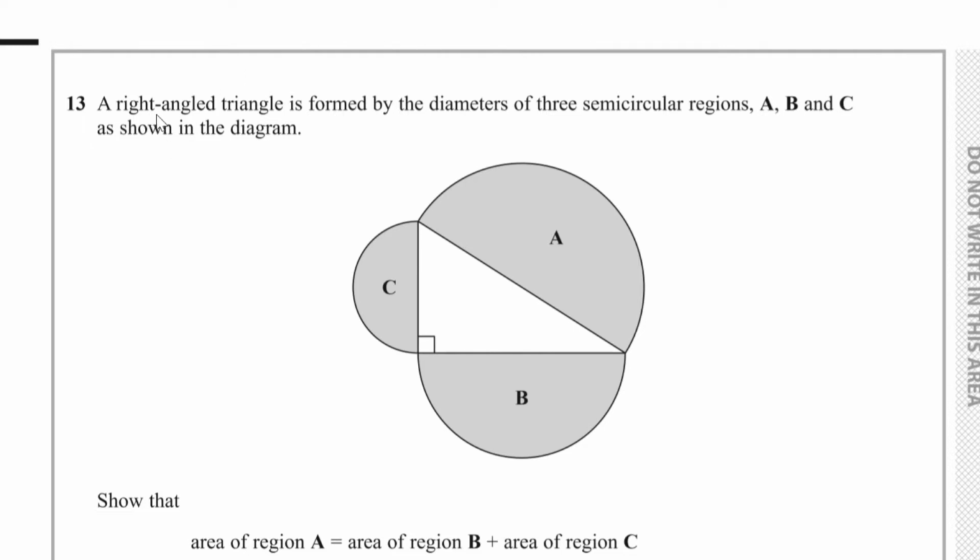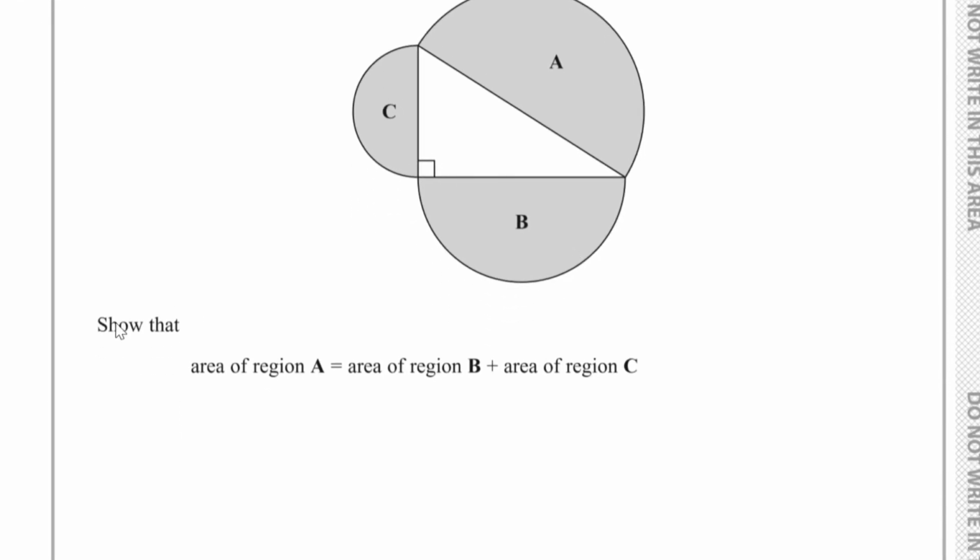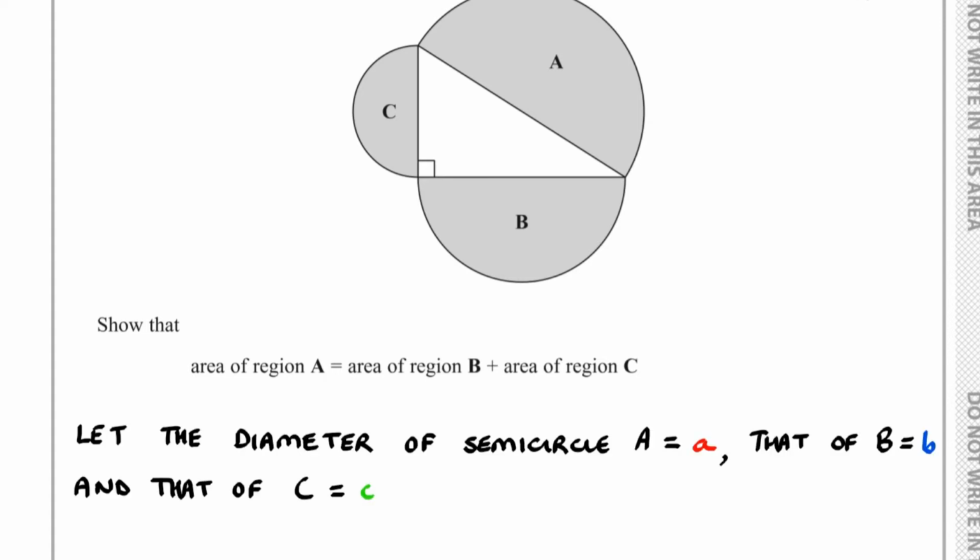Question number 13. A right-angled triangle is formed by the diameters of 3 semicircular regions, A, B and C, as we see in this diagram. And we have to show that the area of region A equals the area of region B plus the area of region C. Now, we begin by letting the diameter of the semicircle A equal a, that of B equal b, and that of C equal c.